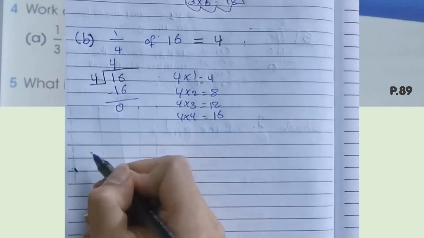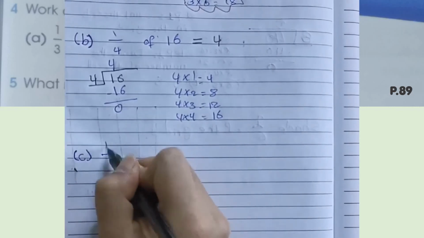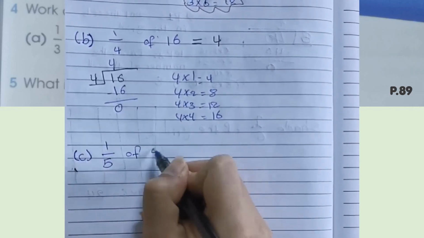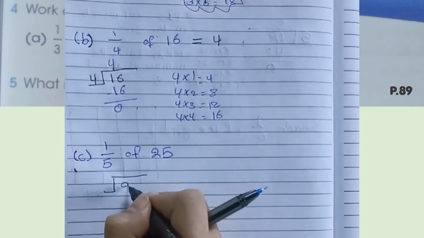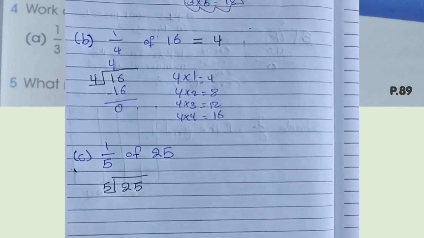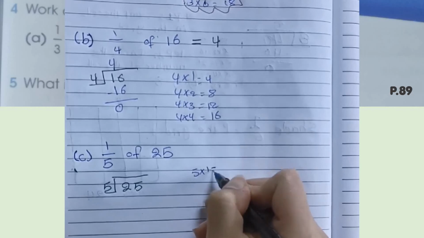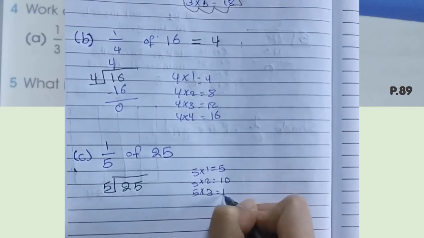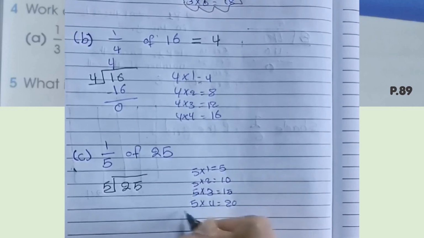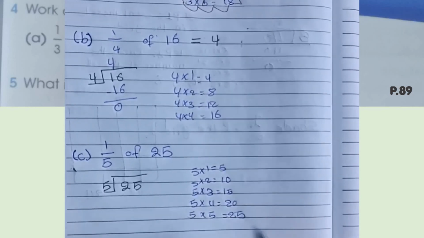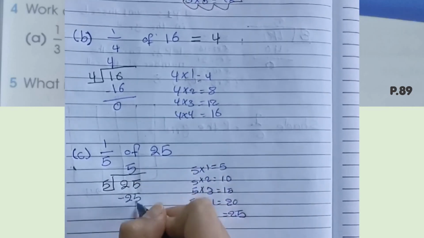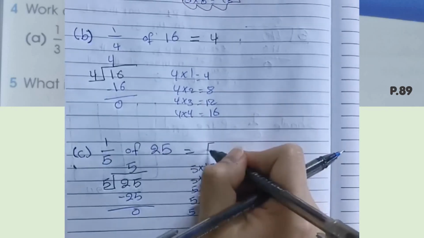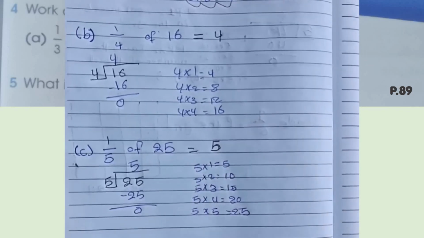And then our final question for question number 4 is 1/5 of 25. 25 divided by 5. And then we need to find 25 in the multiples of 5. Alright, so 1/5 of 25 is 5.